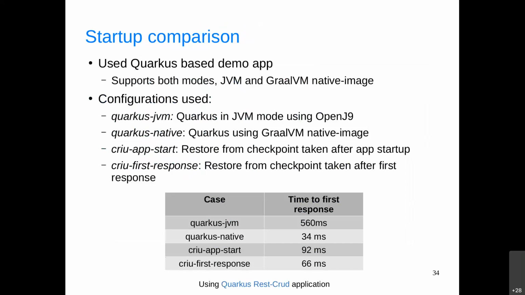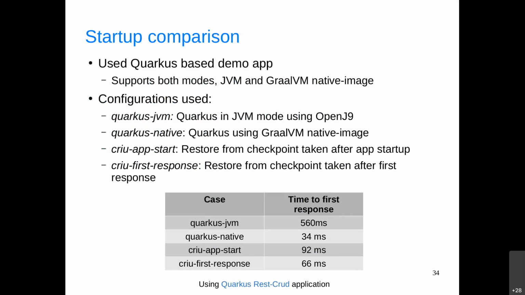In addition, we have also done some comparison between these two approaches to understand how much startup improvement we get compared to the normal JVM environment. For this comparison, we used a demo application based on the Quarkus framework.